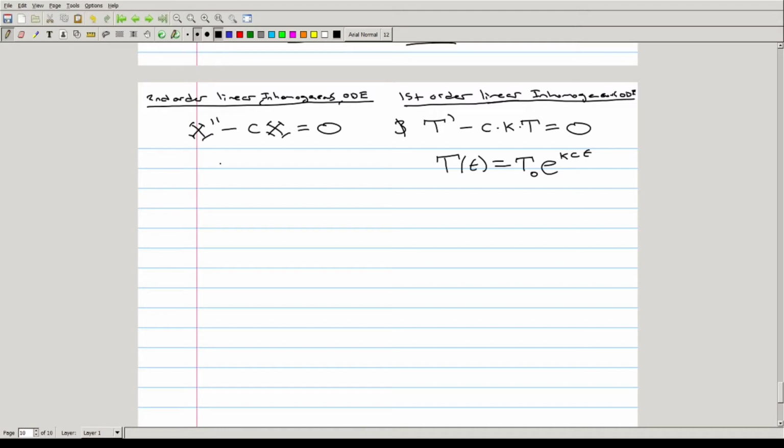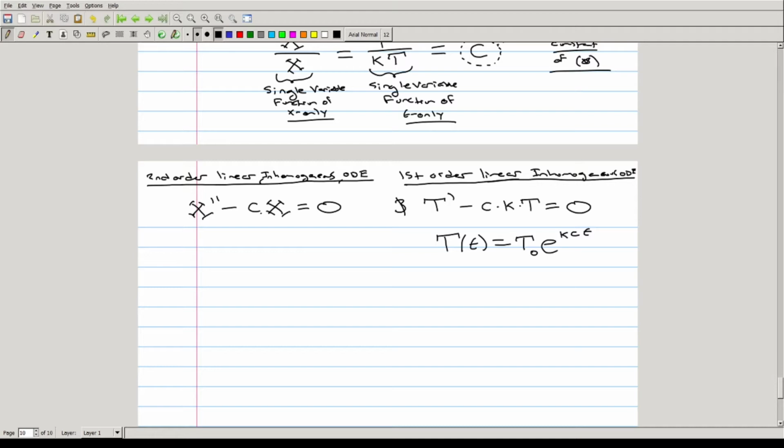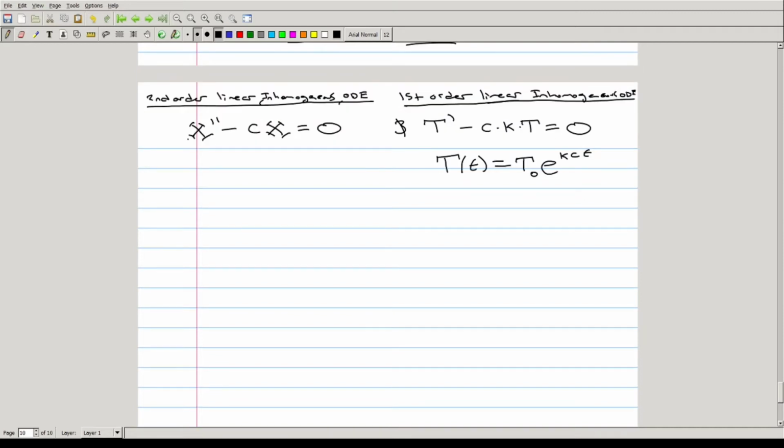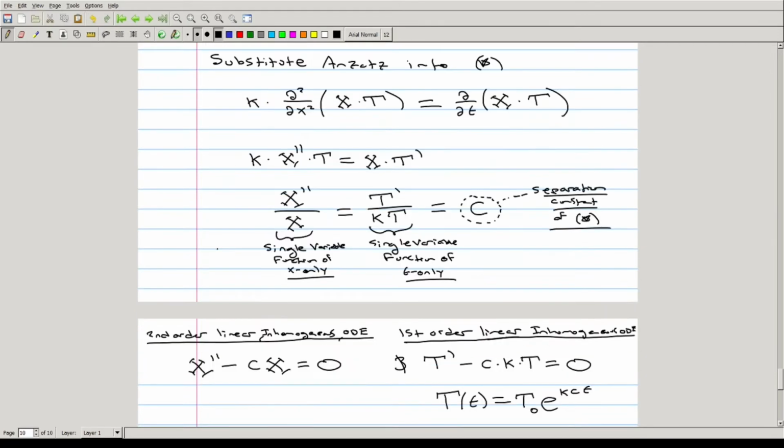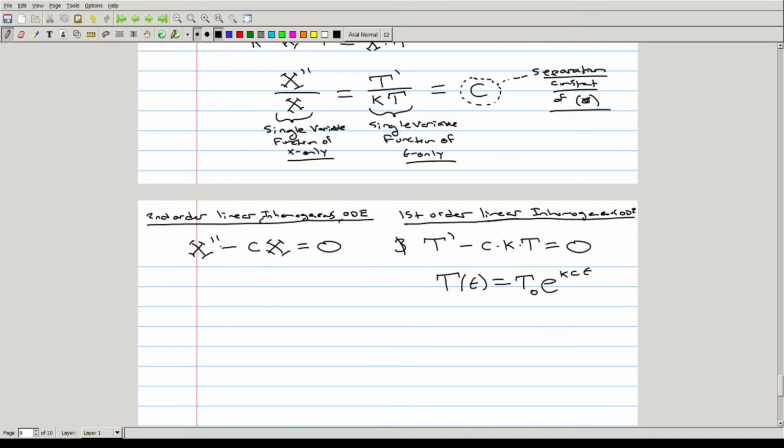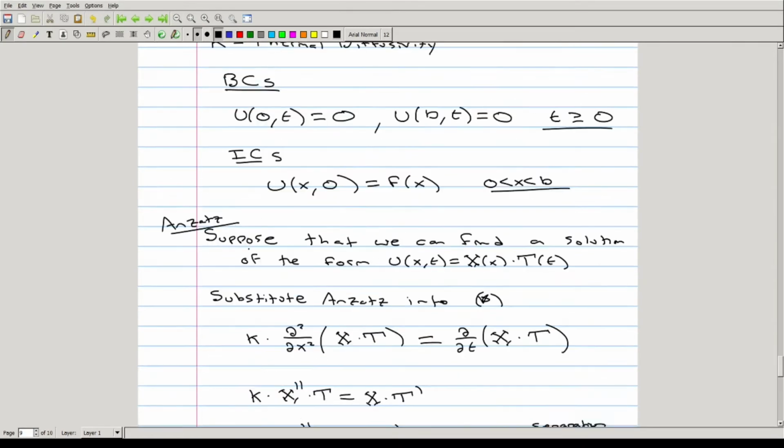And this is a general solution that's valid regardless of what the sign of c is, if c is negative or positive. However, this requires a little bit more of an investigation. Specifically, we have to look at whether we get physical solutions for given boundary values.